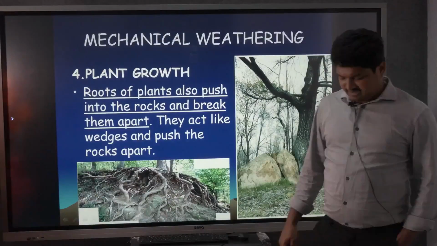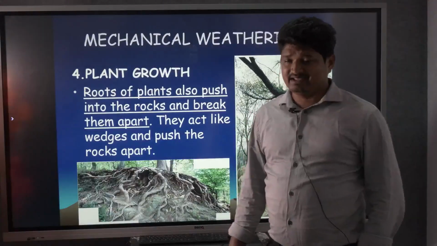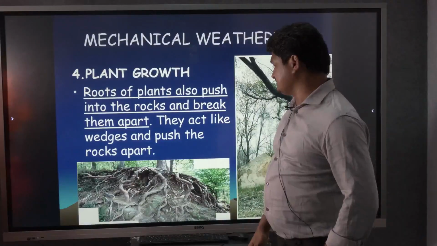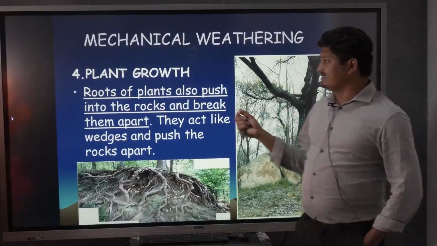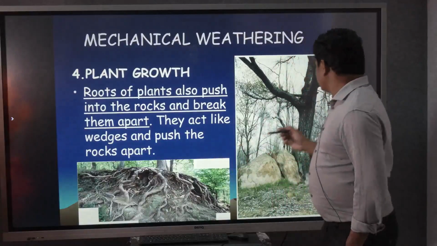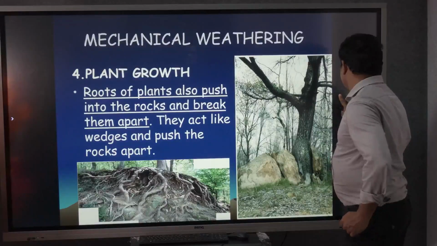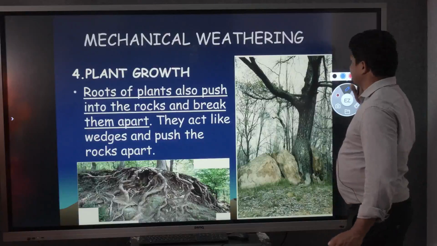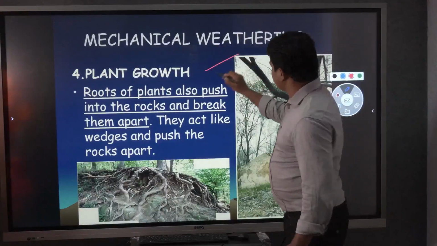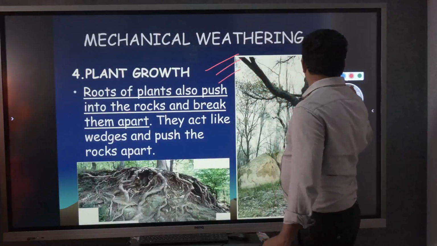And plant growth, very frequently we see it in construction areas, after construction, where seeds will be found in any walls. We always frequently see this in wall areas, when we construct a wall.